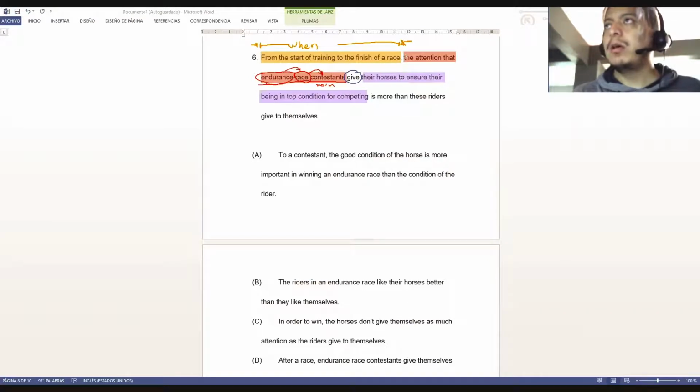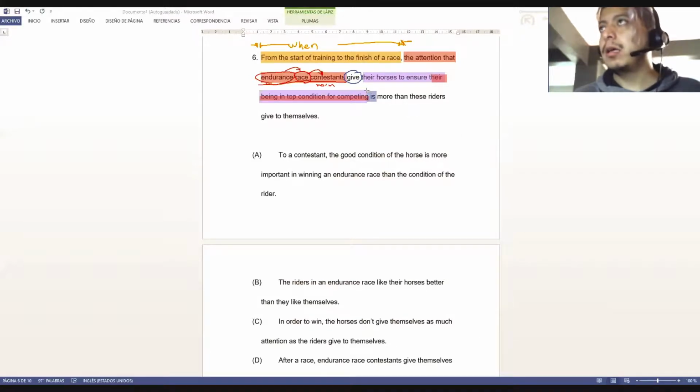So the attention that they give their horses, this is a verb complement, to ensure, to make sure, to be completely 100% sure that the horses are in top condition for competing. And well, this is another subject. The object or the complement of the first sentence, they being in the top condition for competing, is the subject of the verb to be.